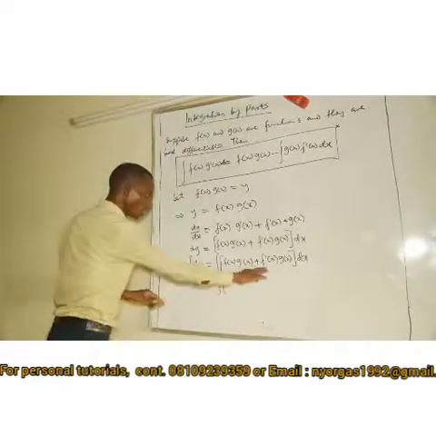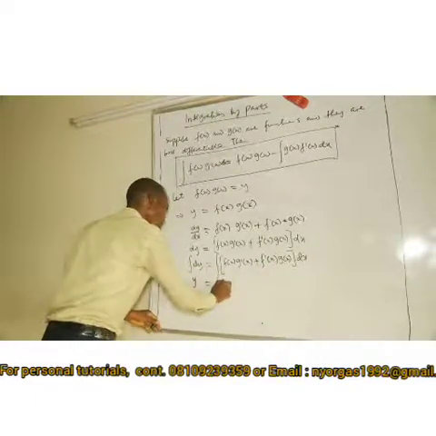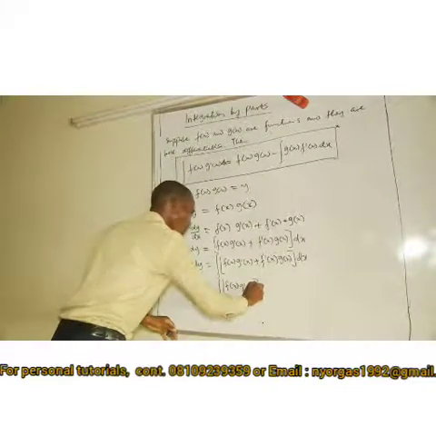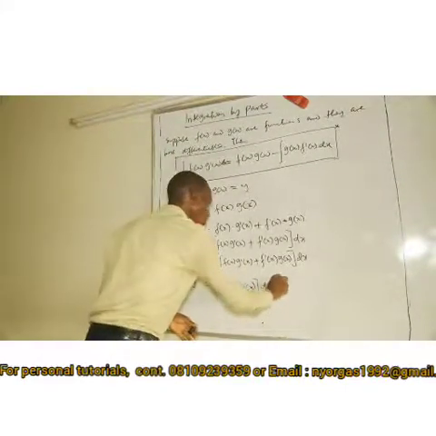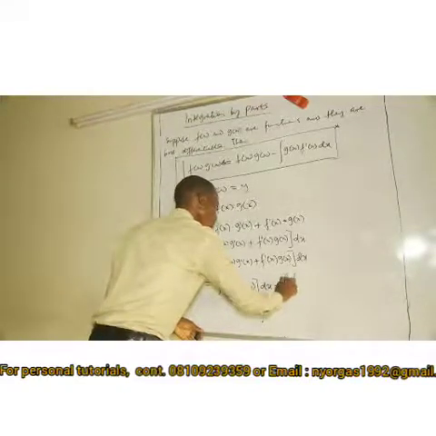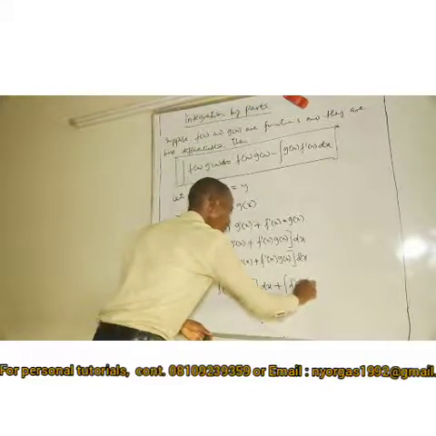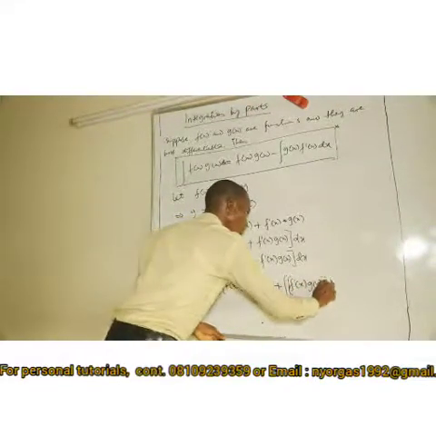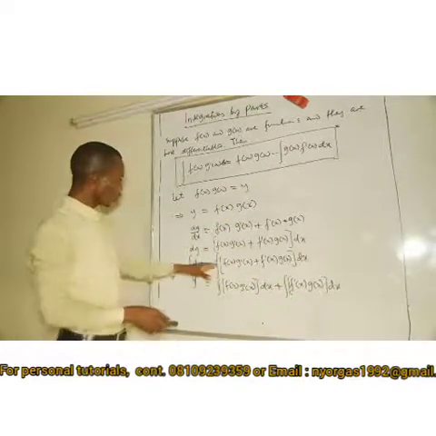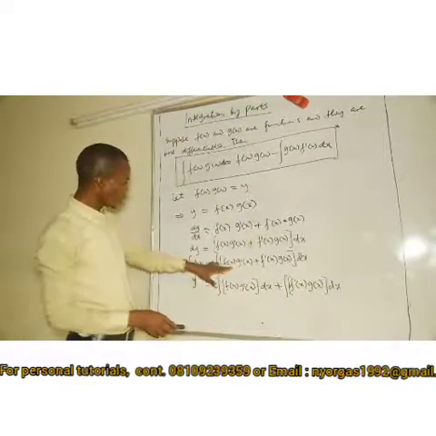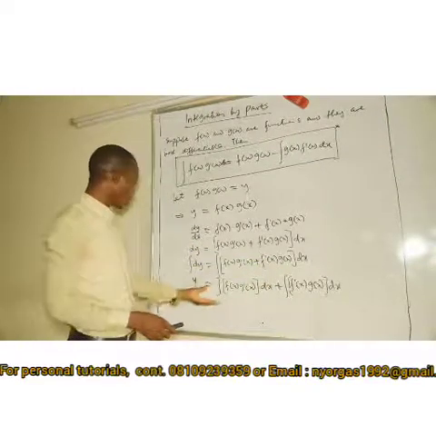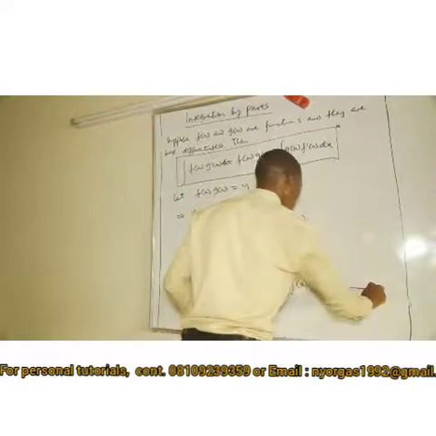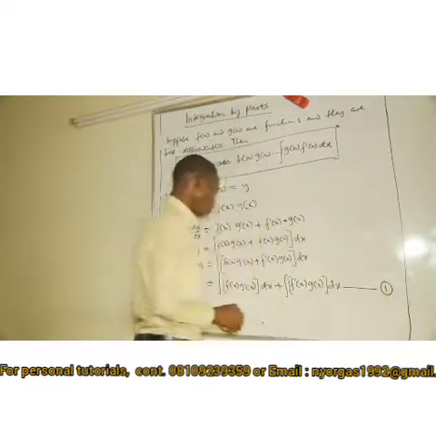So you have the integral of f of x g prime of x dx plus the integral of f prime of x g of x dx. You open the bracket with the integral for this function and for this function, and this is what you have. Now let's call this equation 1.